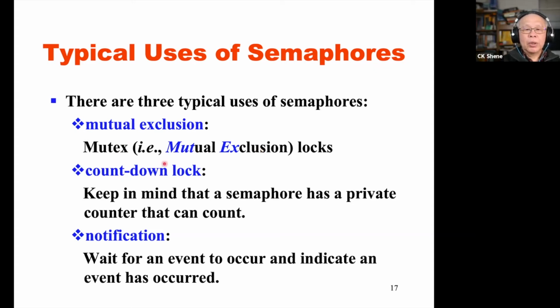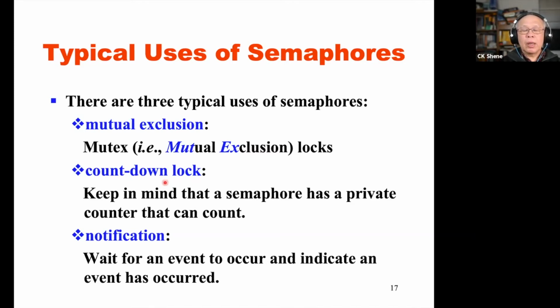Then we could use a semaphore to do a countdown lock. Remember, in our previous example, the initial value of semaphore S is 2. Then we allow 2 threads to pass through. The third one and the fourth one will be blocked.